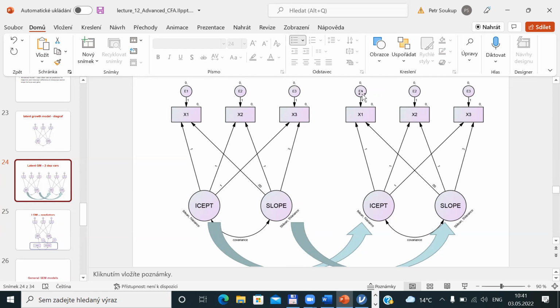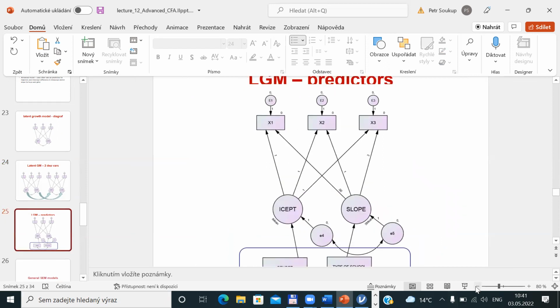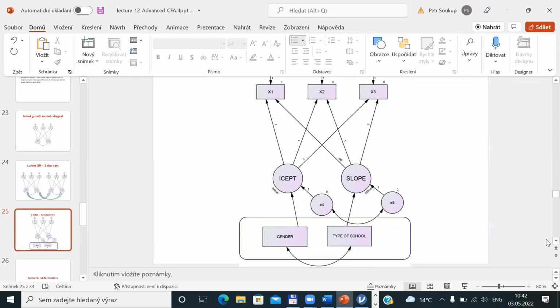So I can make the link for different models for repeated observations in this style. And one last step, and that's classic in latent growth curve modeling. We won't go into such details for computation, but here we have, once again, the classical model. So it means 3 time points and intercept and slope. But I would like to explain why there are some differences between individuals in their beginning level, so it means in the intercept, and why some kids are improving and some kids are maybe still stable or they are decreasing in, for example, their mathematical skills.